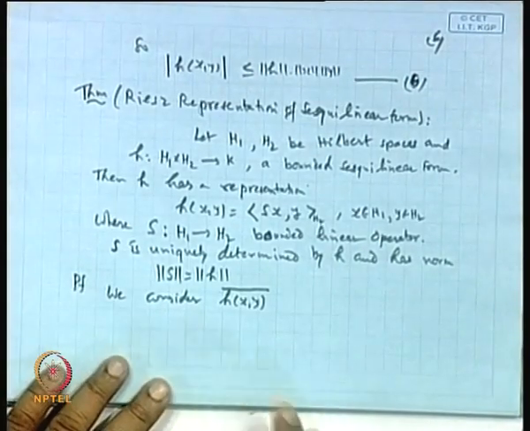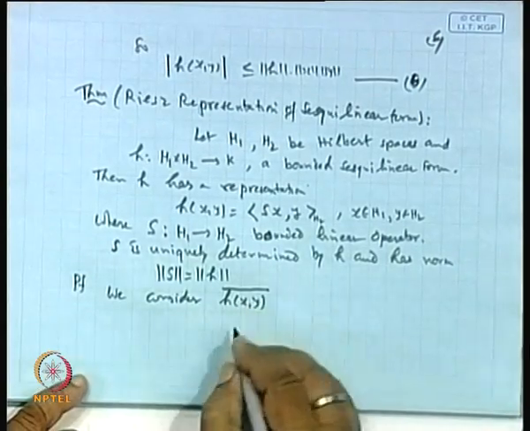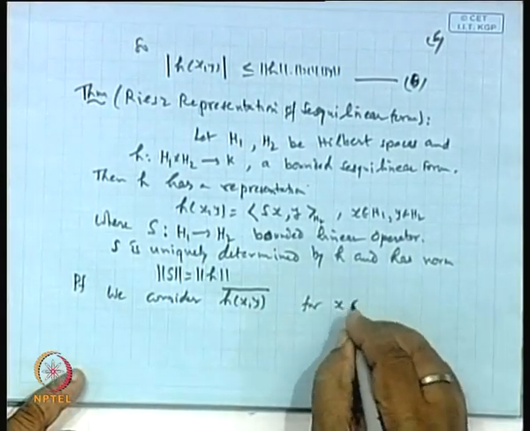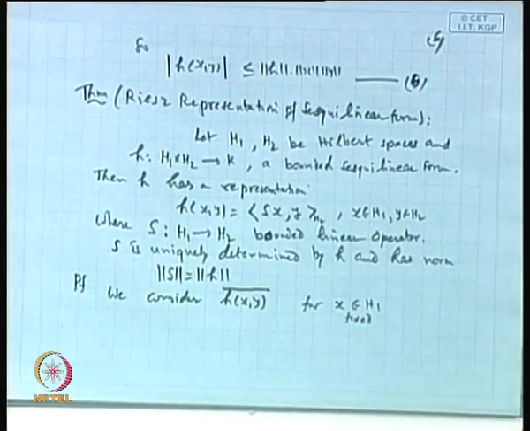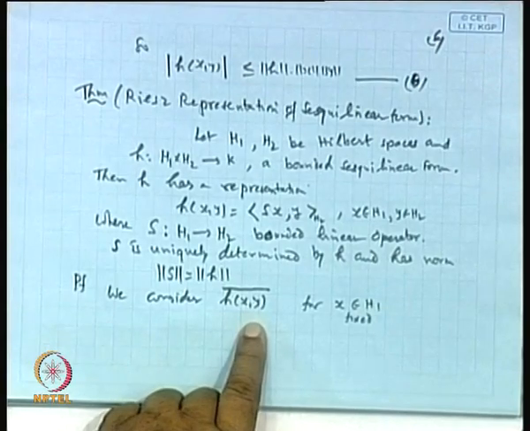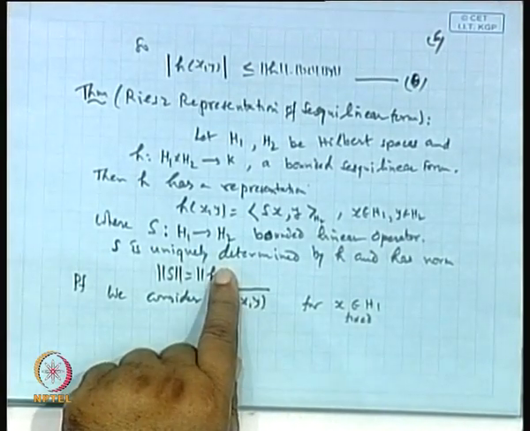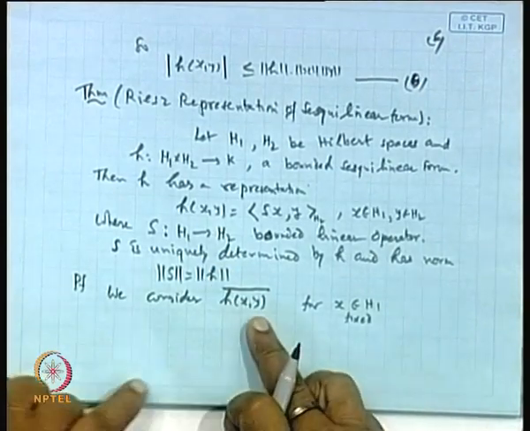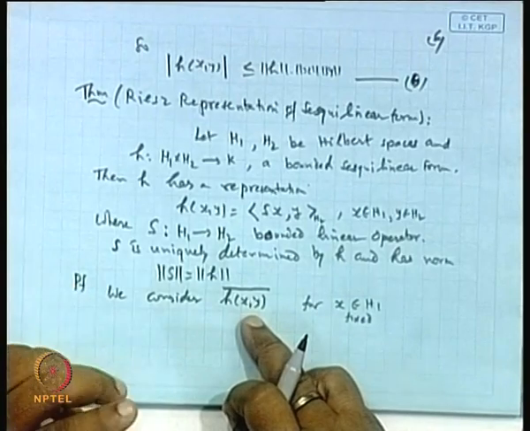Now, here if I fix x, for x belonging to H1 fixed, this will behave as a function of y, but because of the conjugation, it is linear with respect to y, is it not?